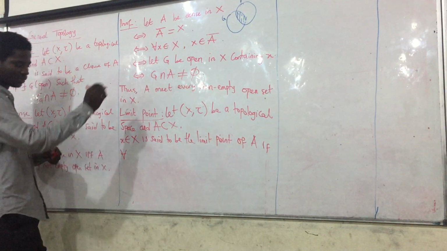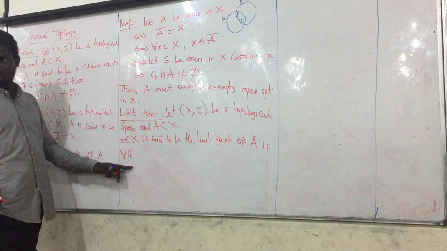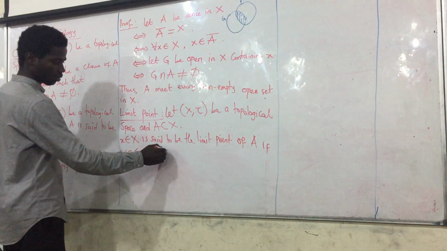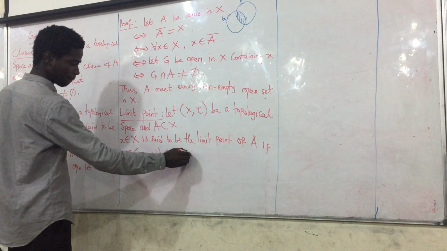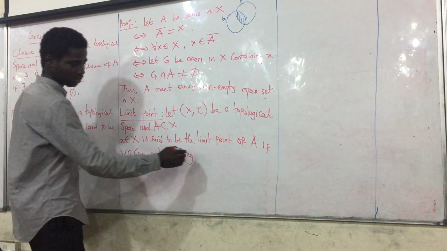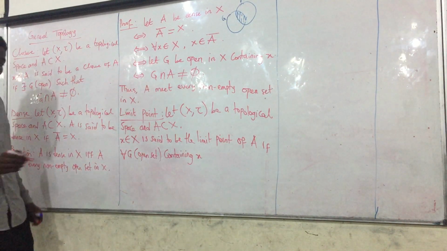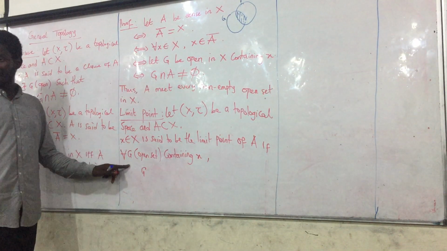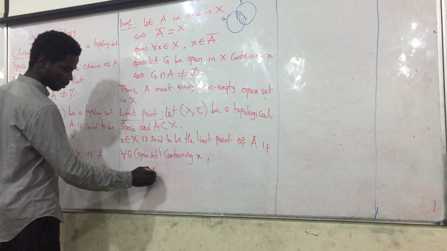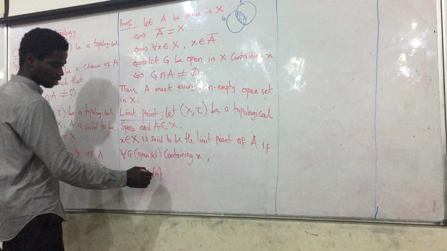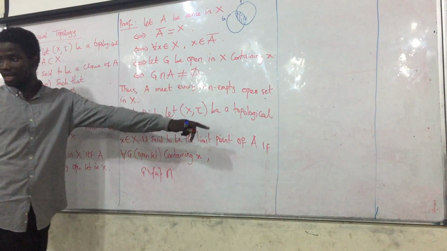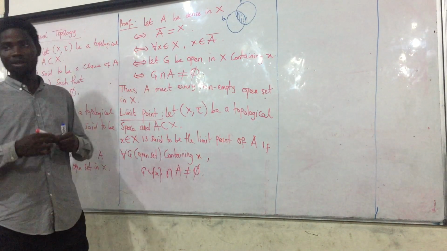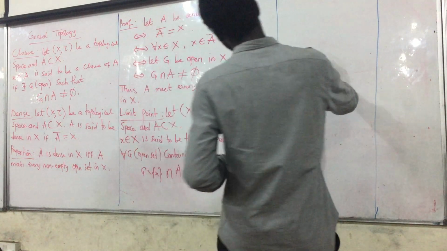If for every open set G containing this x, if you take that open set but remove that x, and you now take its intersection with A, I will explain what this means, it is not empty.